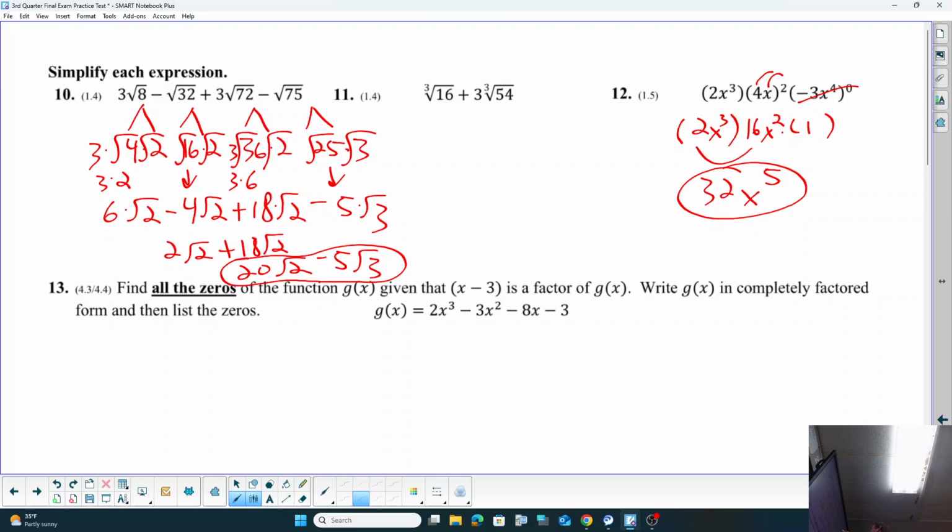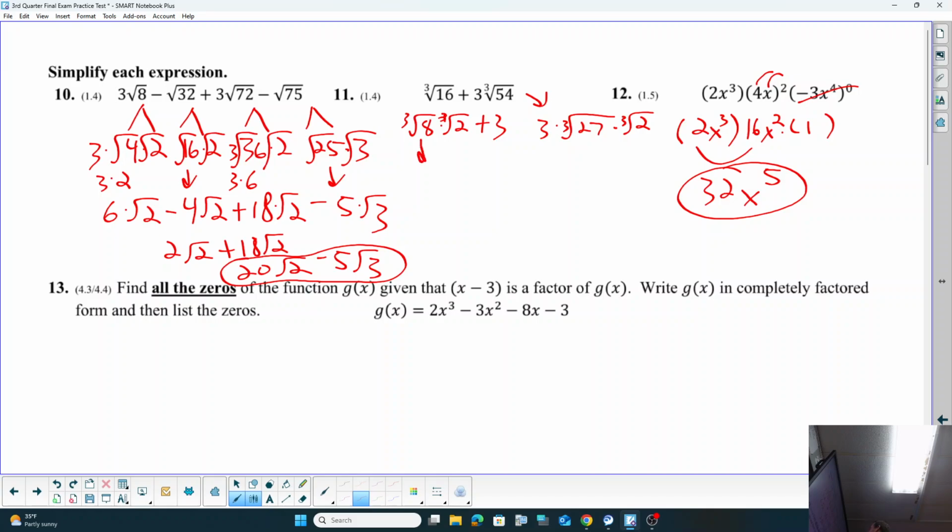Let's see, the cube root of 16. That'd be the cube root of 8 times the cube root of 2, plus the cube root of 54, which would be, I don't know, 27? Yeah, maybe 27. So 3 times the cube root of 27, and 27 times the cube root of 2.